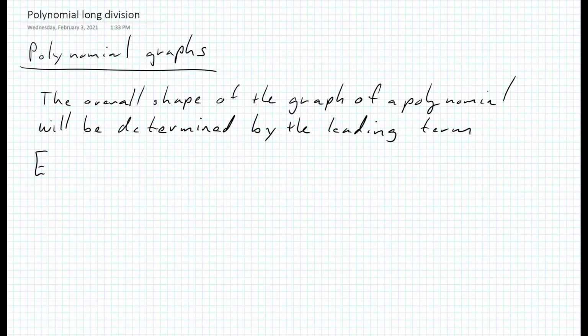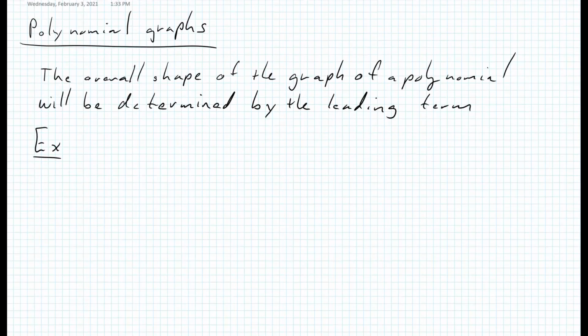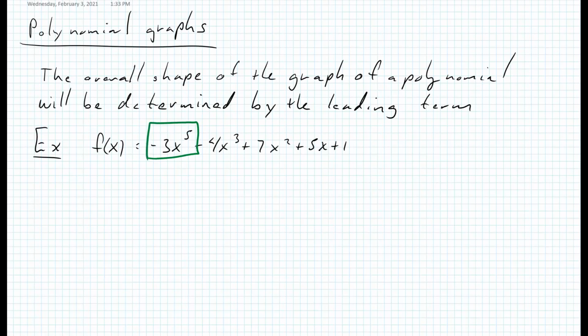Let's do a few examples. Suppose I gave you this function: minus 3x to the fifth plus 4x cubed plus 7x squared plus 5x plus 1. That is a long polynomial. To determine the overall behavior, I really only have to look at the first term.